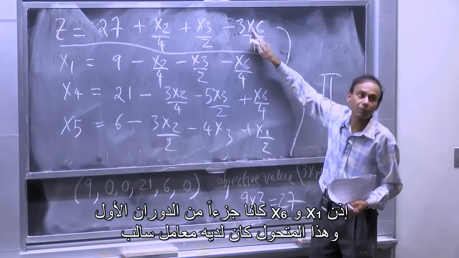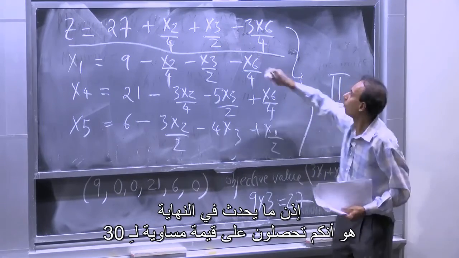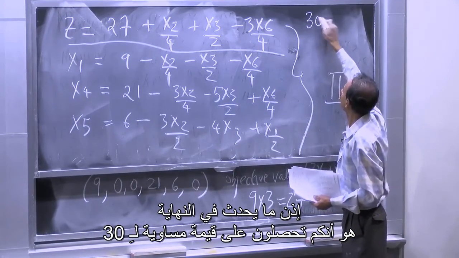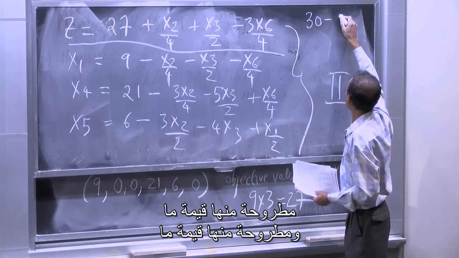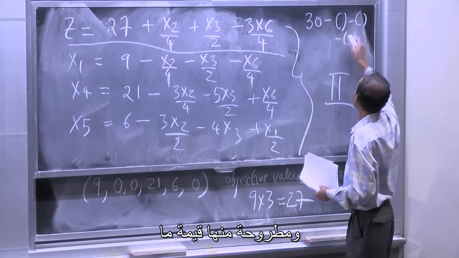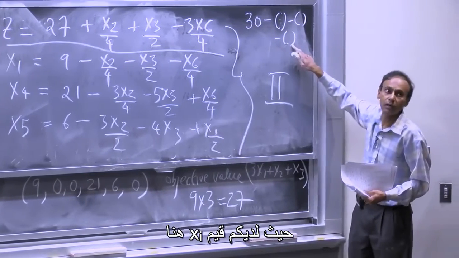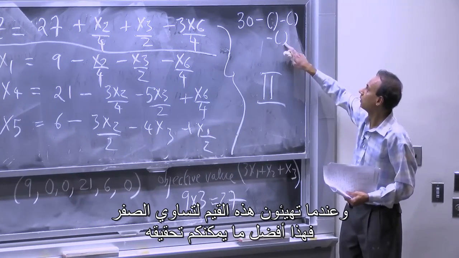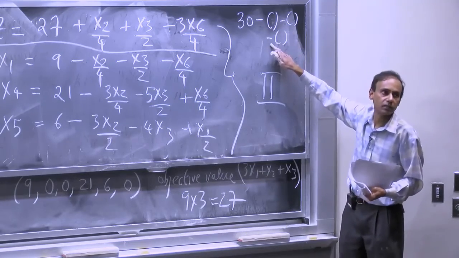So x1 and x6 were part of the first pivot, and this got a negative coefficient. So what ends up happening here is you end up getting something like 30 minus something, minus something, minus something, where you have xi values over here, and when you set these to be 0, that's the best you can do, because these are all negative quantities, all right?